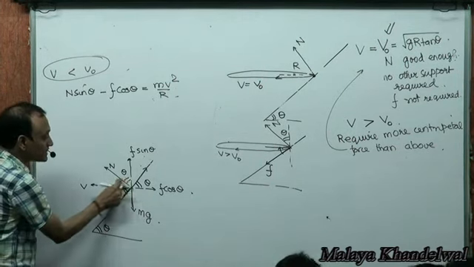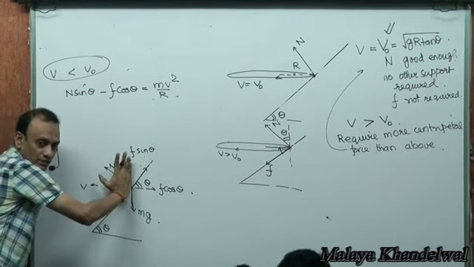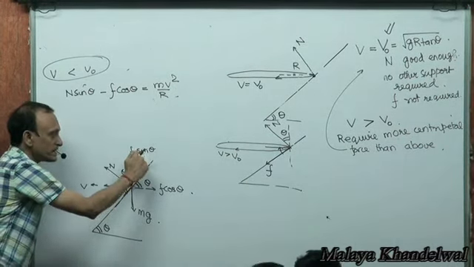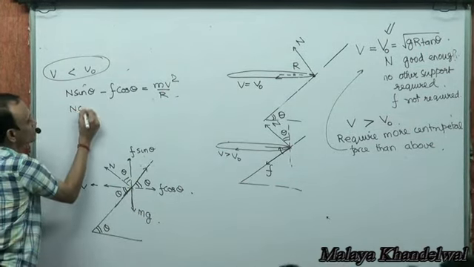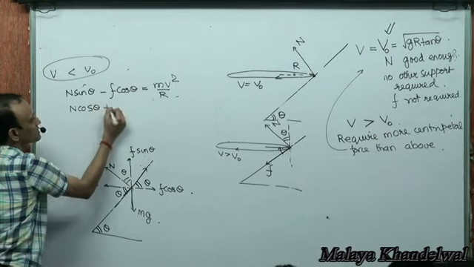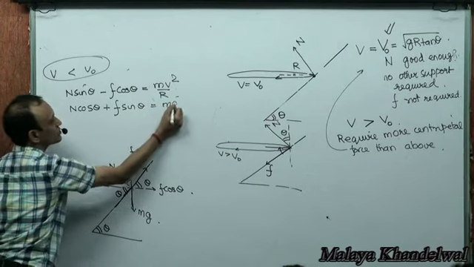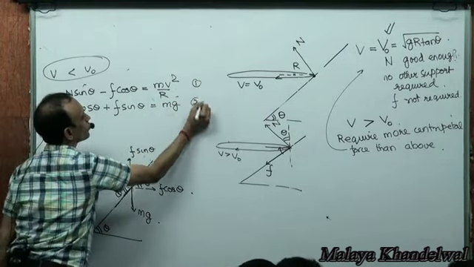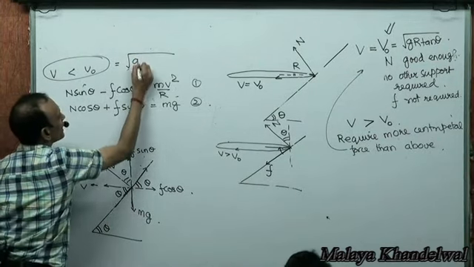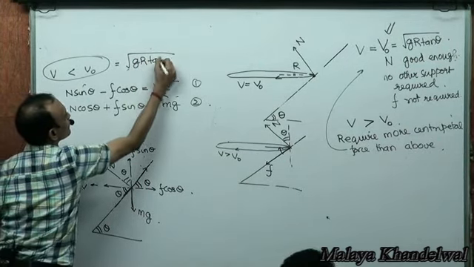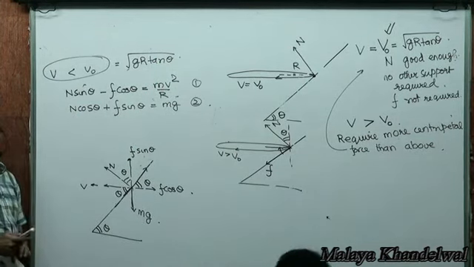And vertical components, N cos theta plus f sin theta must balance the weight. N cos theta, component of N in this direction, plus f sin theta must provide the weight, right? So N cos theta plus f sin theta must take care of the weight, mg. So V is less than V naught, where V naught is root gr tan theta. Yes or no? So far so good.